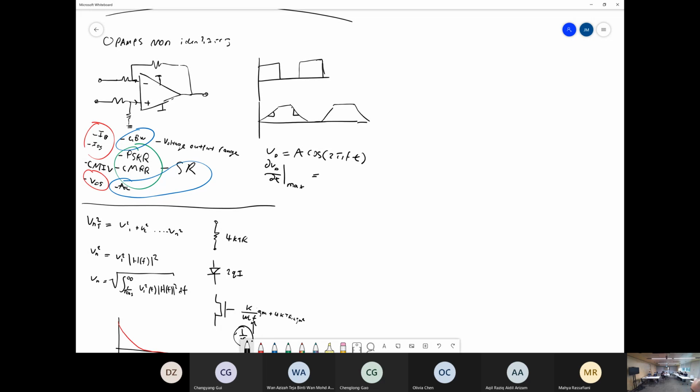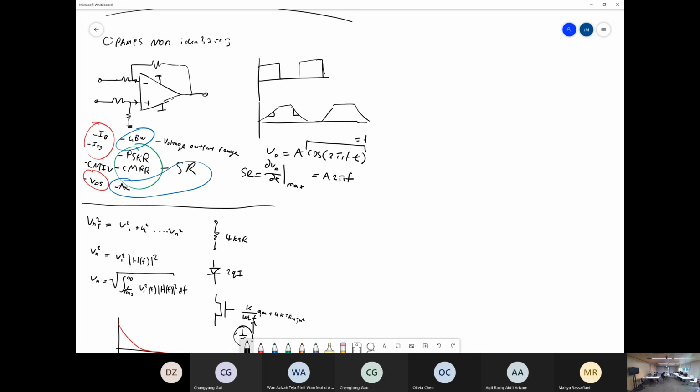So that's when cos is 1. Then you take the derivative, that's going to be A 2 pi f, and because this term here will go to 1, it's just 2 pi times f, times A. That's equal to your slew rate.